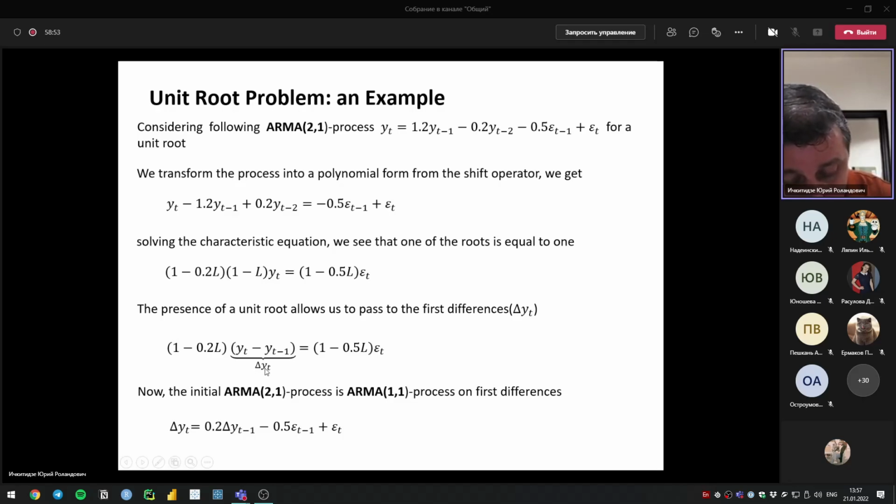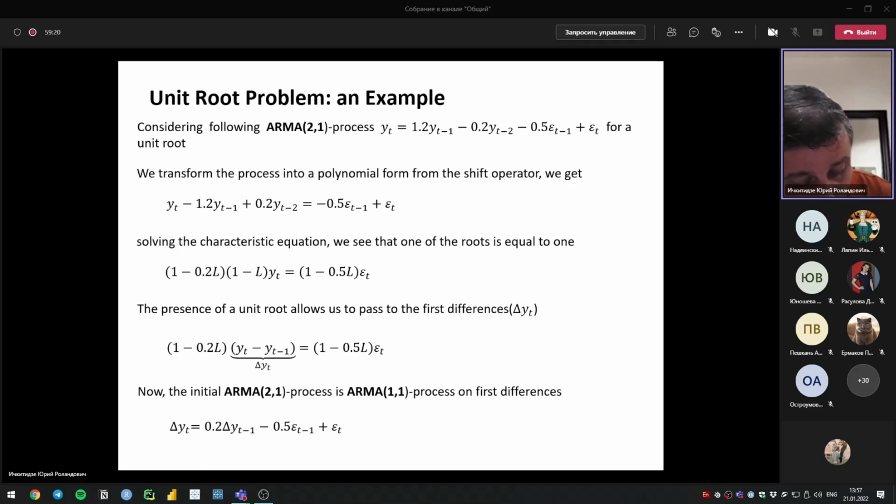We open it as yt minus 1, that is, L yt will be yt minus 1. And here we have the first difference.